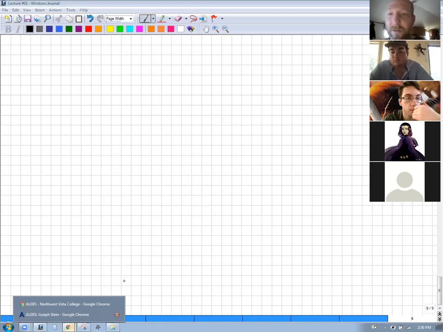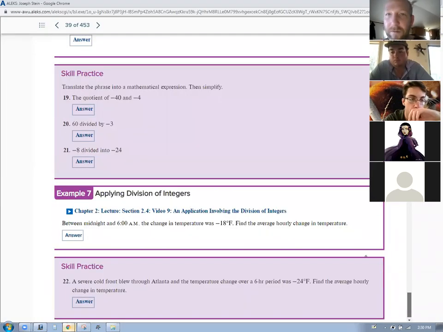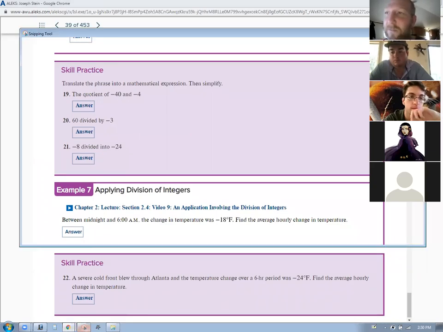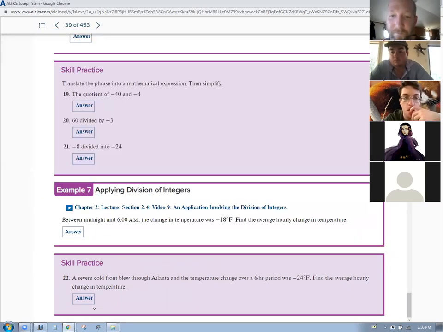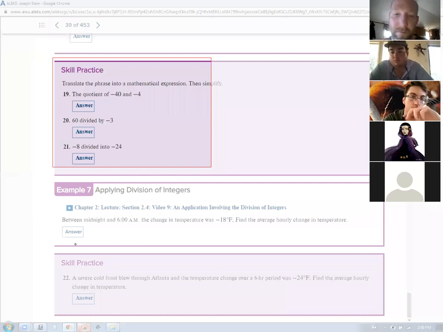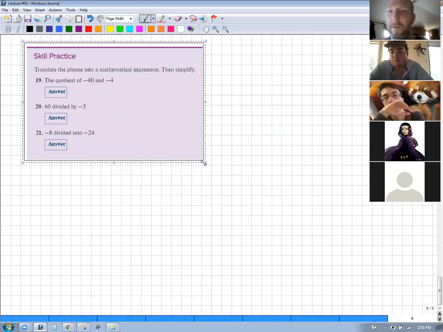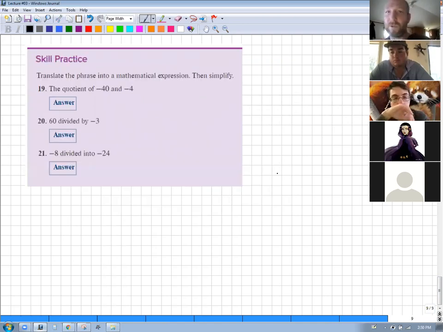Let's look. More skill practice here. Okay. Translate the phrase into a mathematical expression, then simplify. The quotient of -40 and -4.